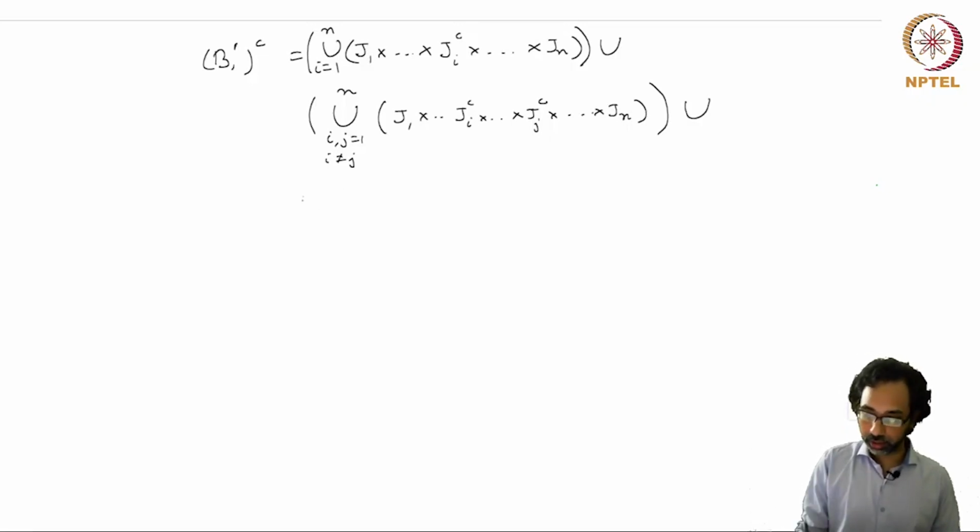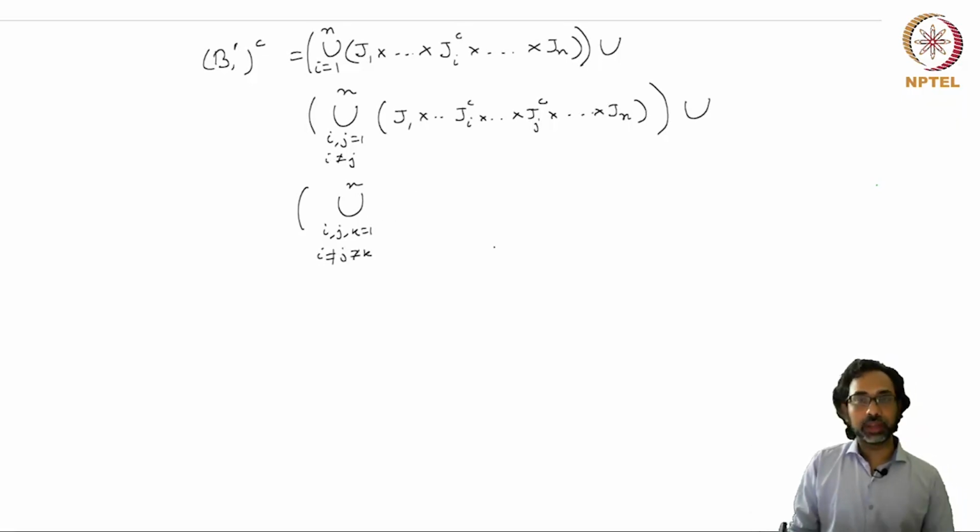Now we have, similarly, i, j, k from 1 to n, i not equal to j not equal to k. So this formula is a bit tedious and might look scary, but the idea is very simple, and it just uses the elementary operations of unions and complements and Cartesian products.